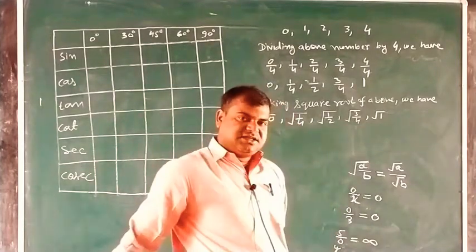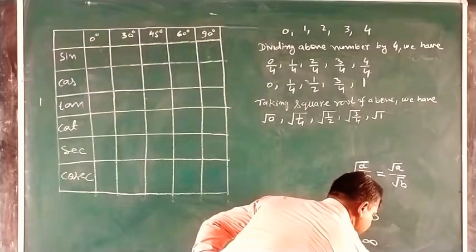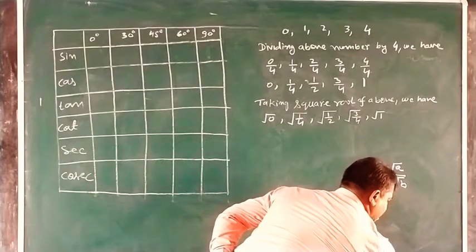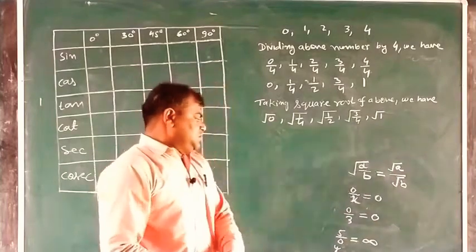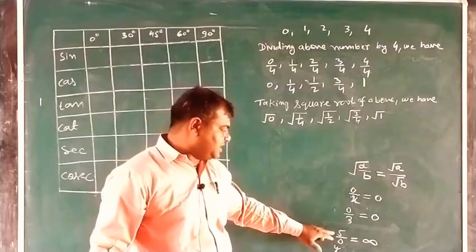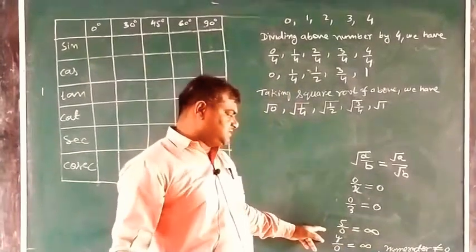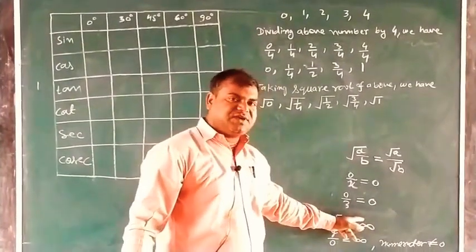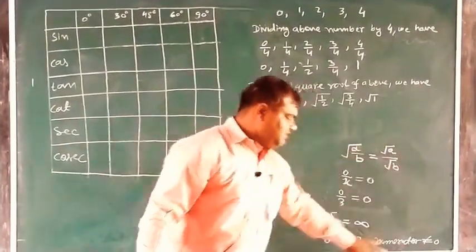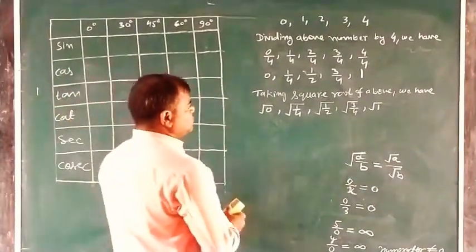But here is one condition: the numerator is not equal to 0. If the denominator is 0 and the numerator is any number except 0, then its value is infinite, and we will use all these results here. Clear?